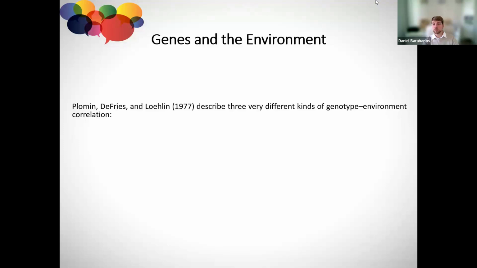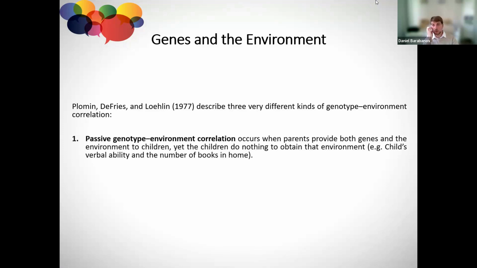There are three different genotype-environment correlation types. So first of all, you need to be aware of passive genotype-environment correlation. It happens when parents provide both genes and environment to their children, and children do nothing to obtain that environment, right? So they don't have any impact on the situation.